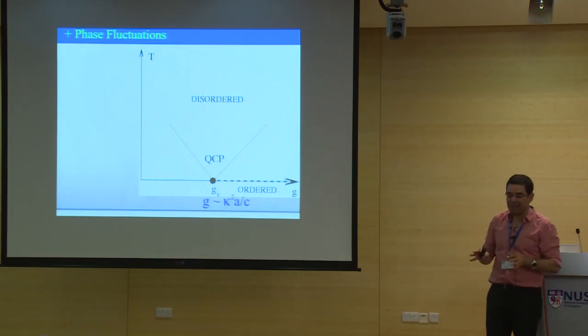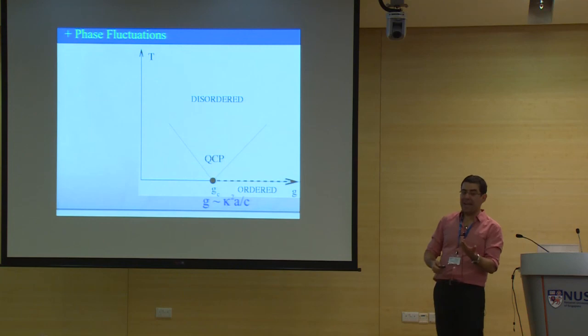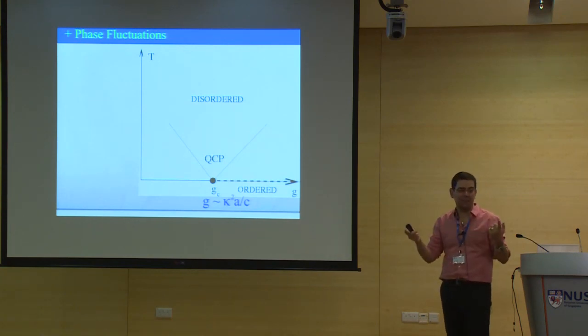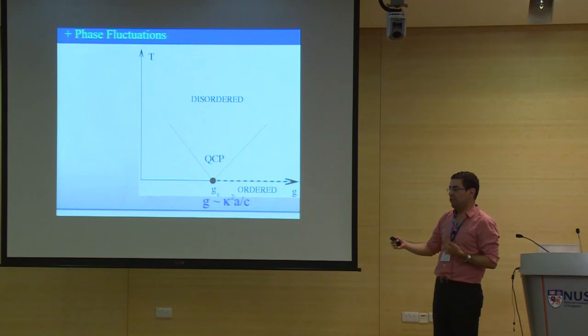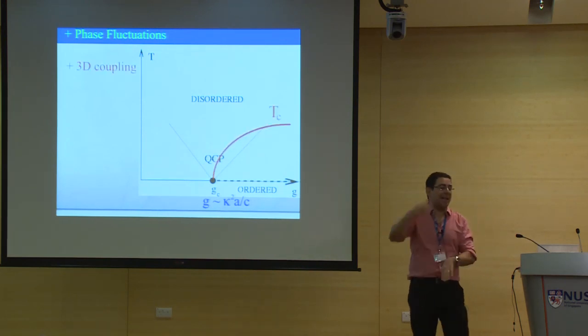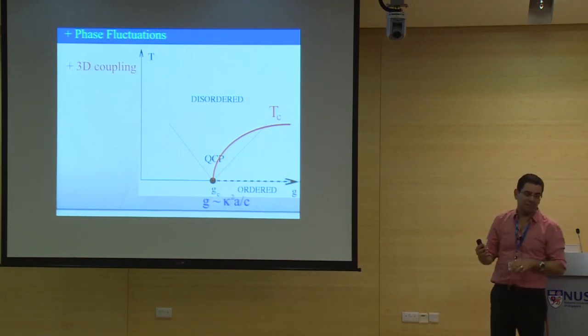In two dimensions, at no finite temperature would you have true long-range order in the system. But if you add the phase fluctuations, you have a Kosterlitz-Thouless transition, so you can add vortex, anti-vortex pairs. You would have a quasi-long-range order, but not true long-range order. And then if you add 3D coupling, then yes, true superconductivity can appear in the system.